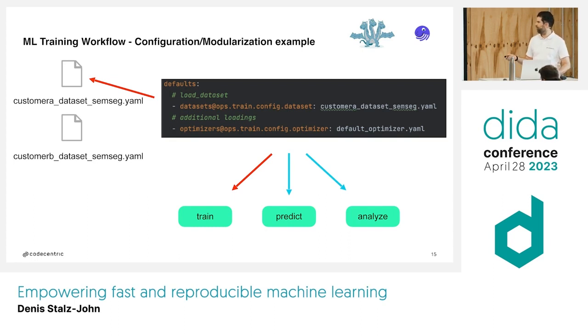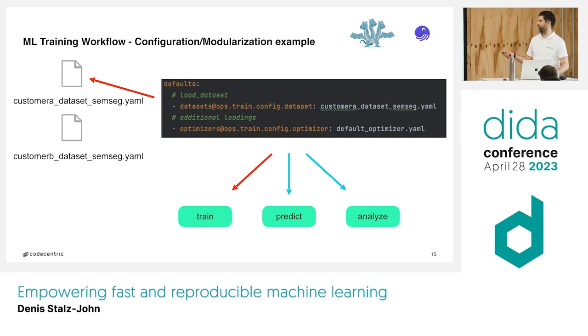For example, this line means look at the folder datasets and put the dataset which is loaded here, the customer A dataset, at the dictionary ops train config dataset.